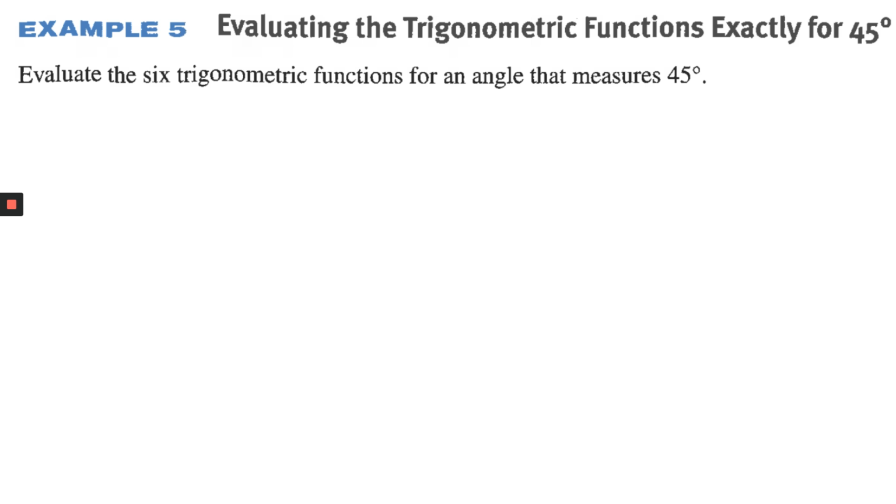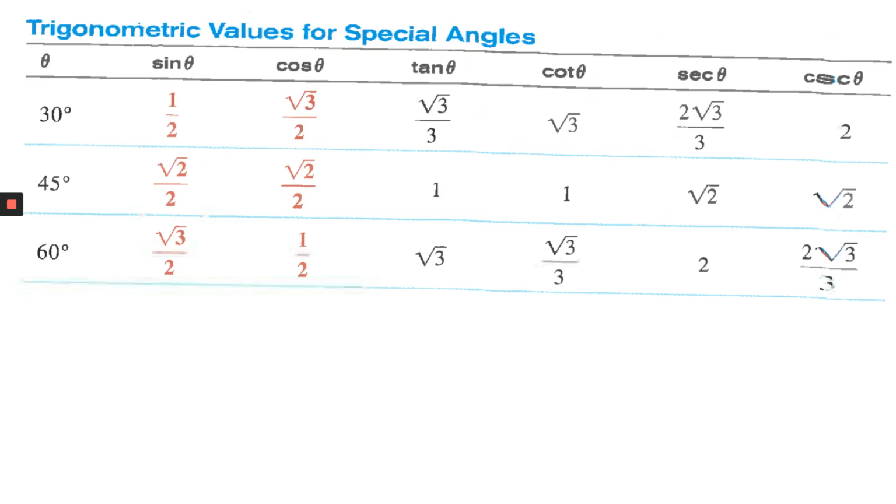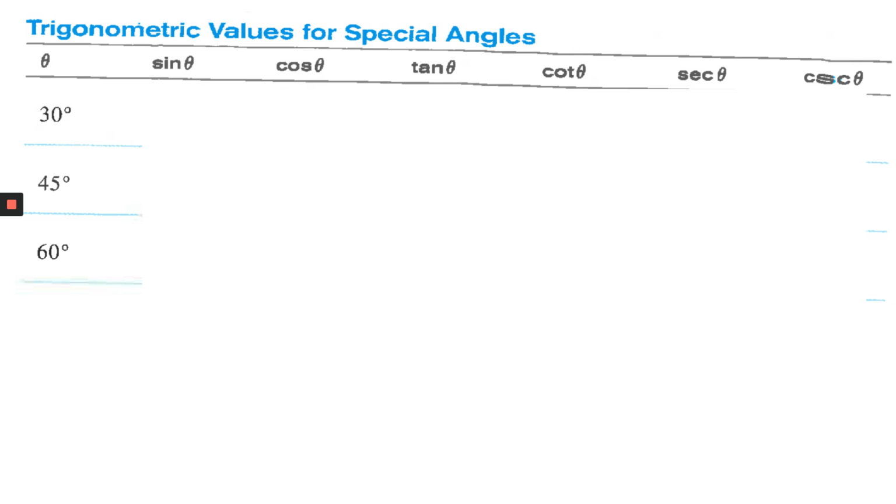All right, so we can do the same thing for 45, or we can skip straight to our table that we have here. We did this in class to start the chapter. So here's our values. Let's remember how to get this from nothing. This is the one we need to remember: the sine of 30 is 1/2. As we go across, the sine of 45 is rad 2 over 2, and for 60, it's rad 3 over 2.